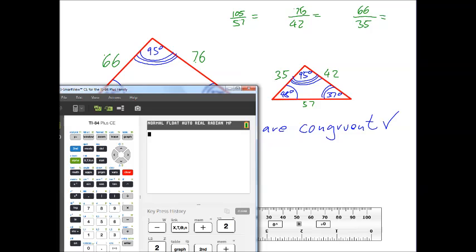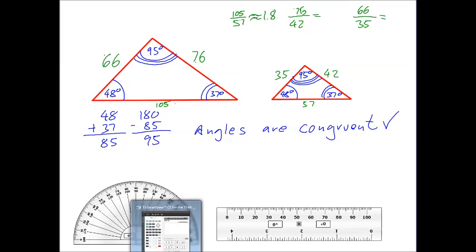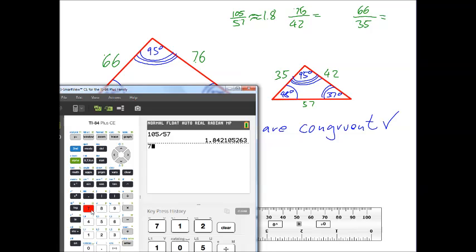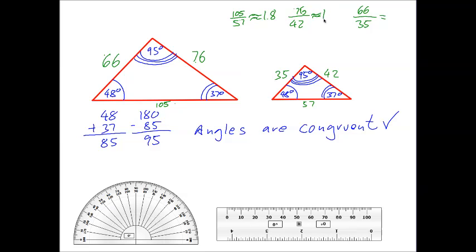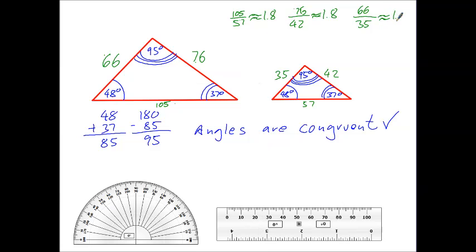So just go ahead and do the math on the calculator. 105 divided by 57 is approximately 1.8. 76 divided by 42 is approximately 1.8, and 66 divided by 35 is approximately 1.8.